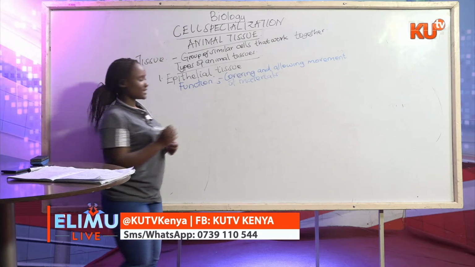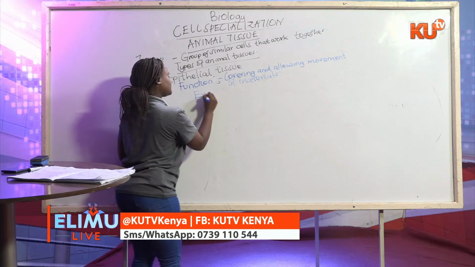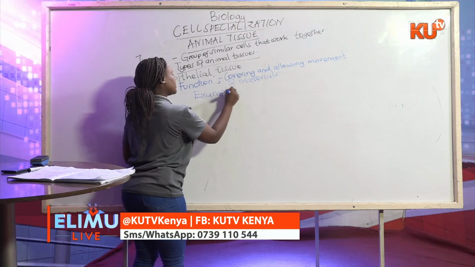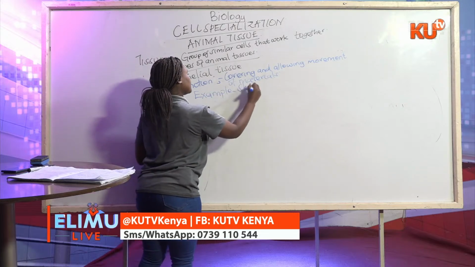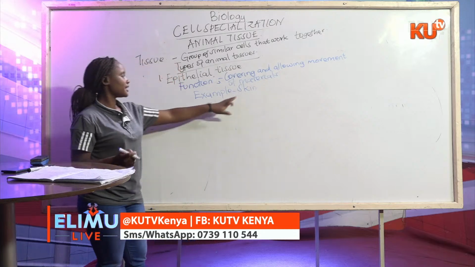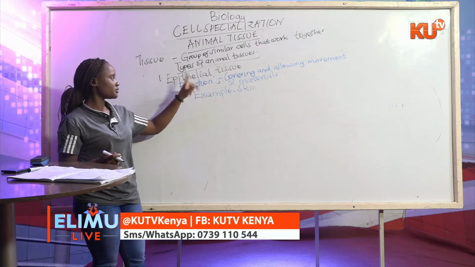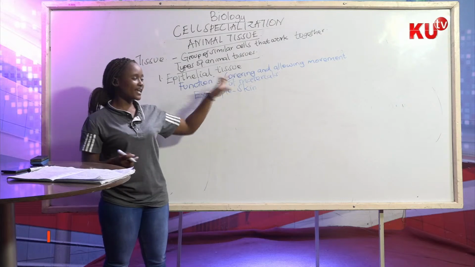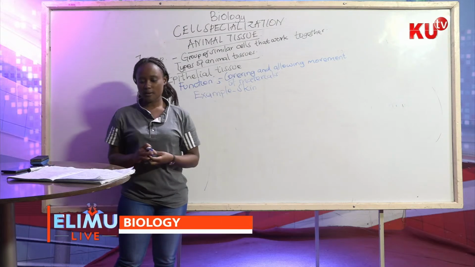And now we have the example of the epithelial tissue. We have the skin, which is used for covering and allowing movement of materials.